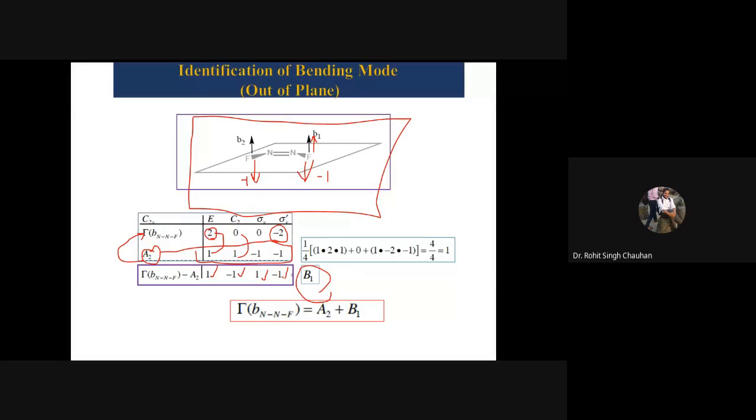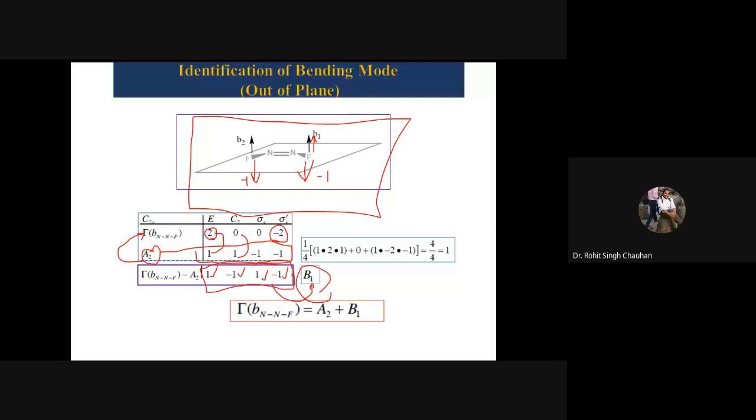You will see which irreducible representation these characters come under. Since I have already evaluated, it is B1, so I am writing directly B1. Okay, so this is one way. Another way, if you don't want to go ahead with this, the best thing is to apply it on all 4 irreducible representations and you will find which one is present and which one is not. So here we are able to find A2 plus B1.